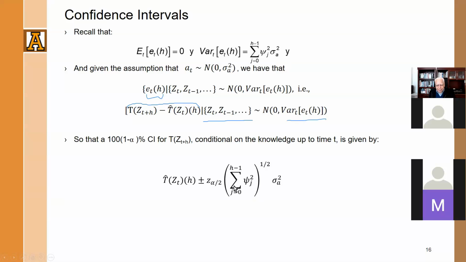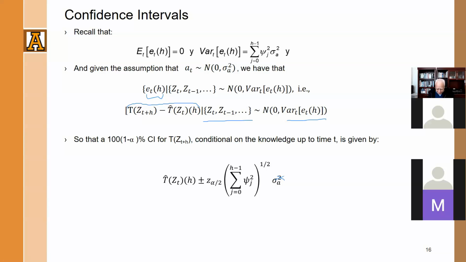So we just take the sum of psi_j squared to the 1/2. And here it should be sigma and not sigma squared, because it's the standard deviation.